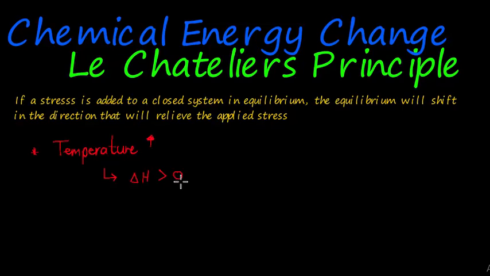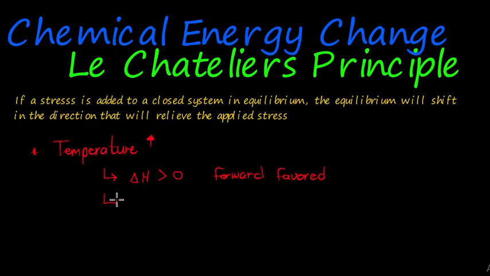So in an endothermic reaction, temperature is a reactant. If I increase the temperature, then the forward reaction is favored. And the reason for that is if I increase the reactants, then there are more reactants to react, and that will produce more products. So I am favoring the products, the forward reaction.